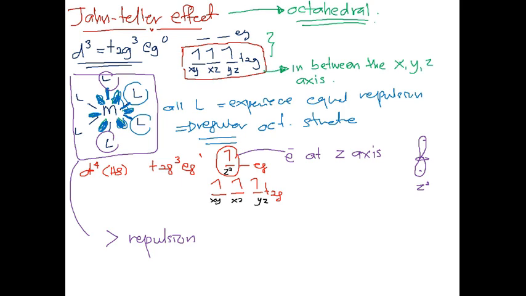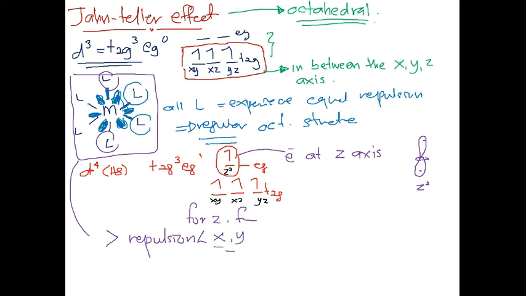So dia ada more repulsion berbanding dengan x and y axes. More repulsion for z, dari x and y axes lah.